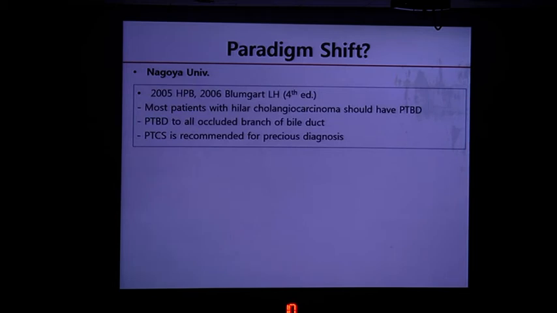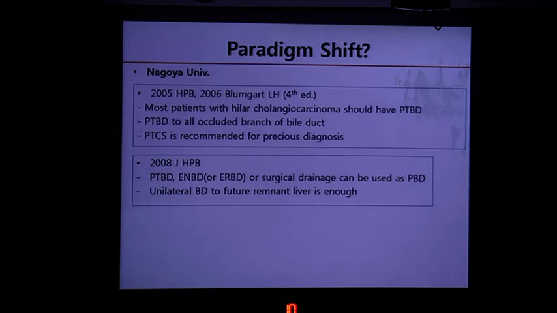Anyway, Nagoya University is, I think, number one in this field. And even in 2005, they said that most patients with hilar cholangiocarcinoma should have PTBD. And PTBD to all occluded branches, multiple PTBD, and PTCS is essential. However, 3 years later, PTBD, ENBD, ERBD, everything okay.